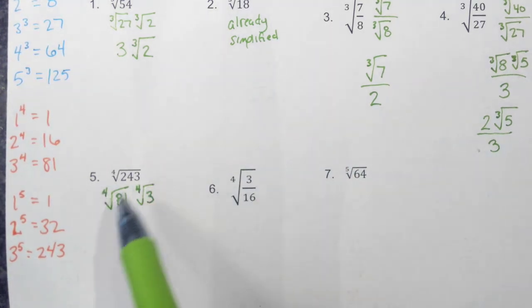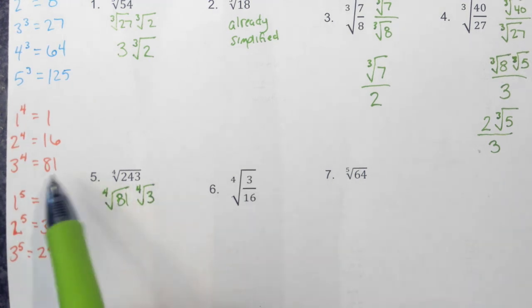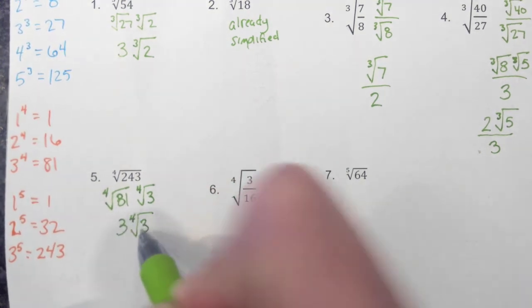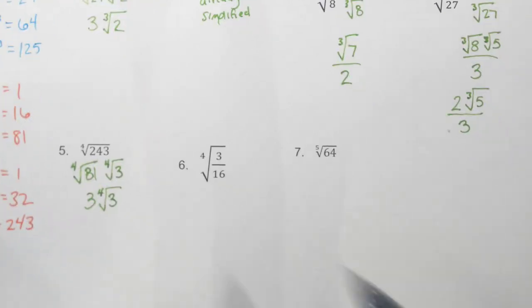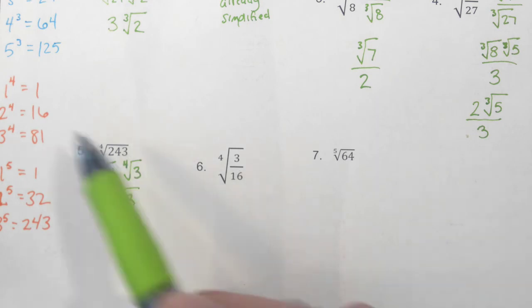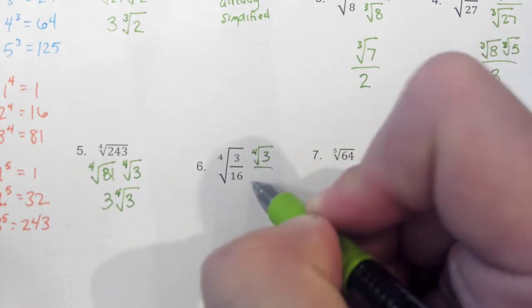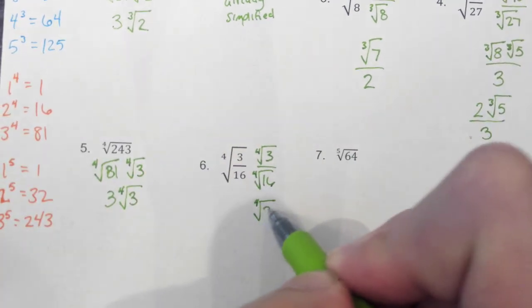The fourth root of 81 times the fourth root of 3. And what is the fourth root of 81? It's 3. So it's 3 fourth roots of 3. Interesting. And then the next one, pretty apparent because it's the fourth root of 16. So it's the fourth root of 3 over the fourth root of 16. Fourth root of 16 is, of course, 2. So it's the fourth root of 3 over 2.